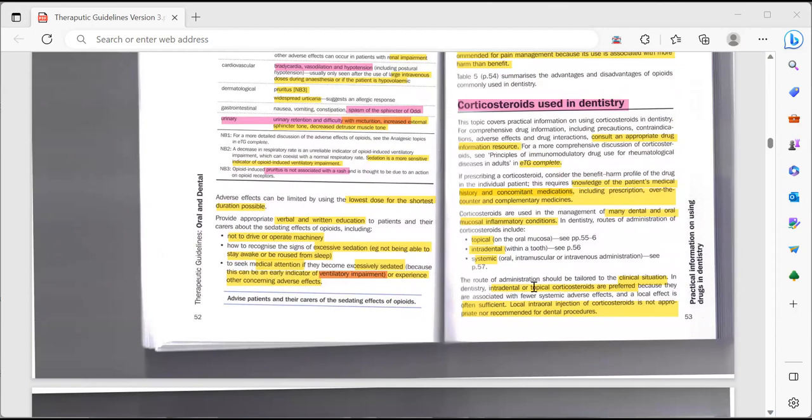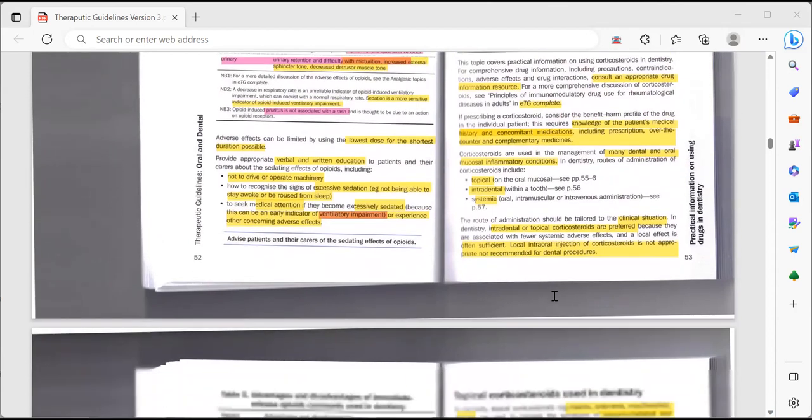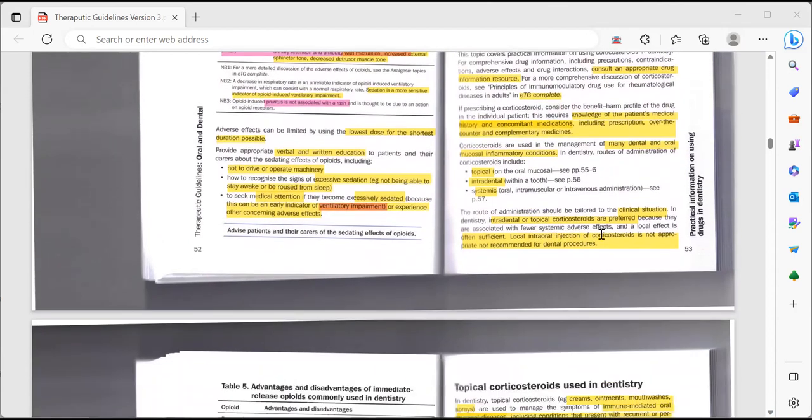Topical or intradental is enough, and a local effect is often sufficient. Local intraoral injections of corticosteroids are not appropriate nor recommended for dental procedures, so we are not injecting any corticosteroid. In brief, we will use corticosteroid either via the topical route or via the intradental route.